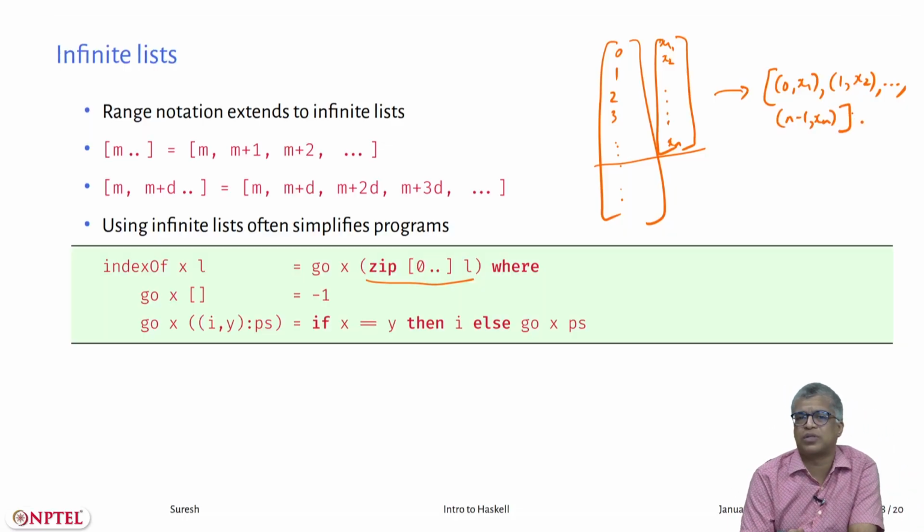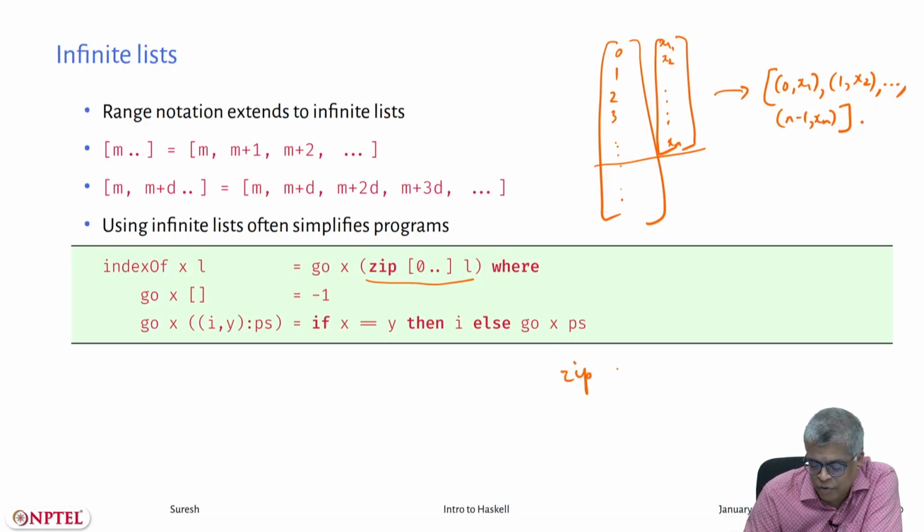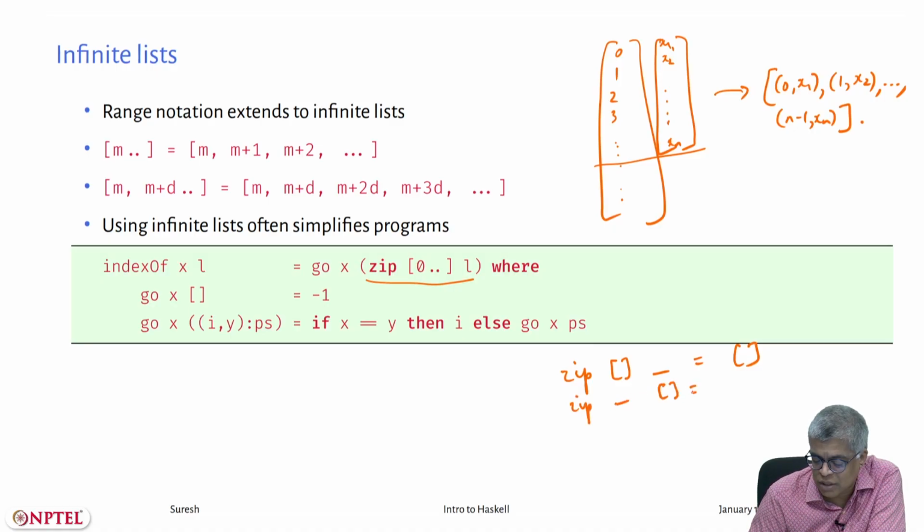I just say zip 0 dot dot, and zip will automatically cut it off beyond that length, because recall the definition of zip: zip of an empty list with whatever is the empty list.